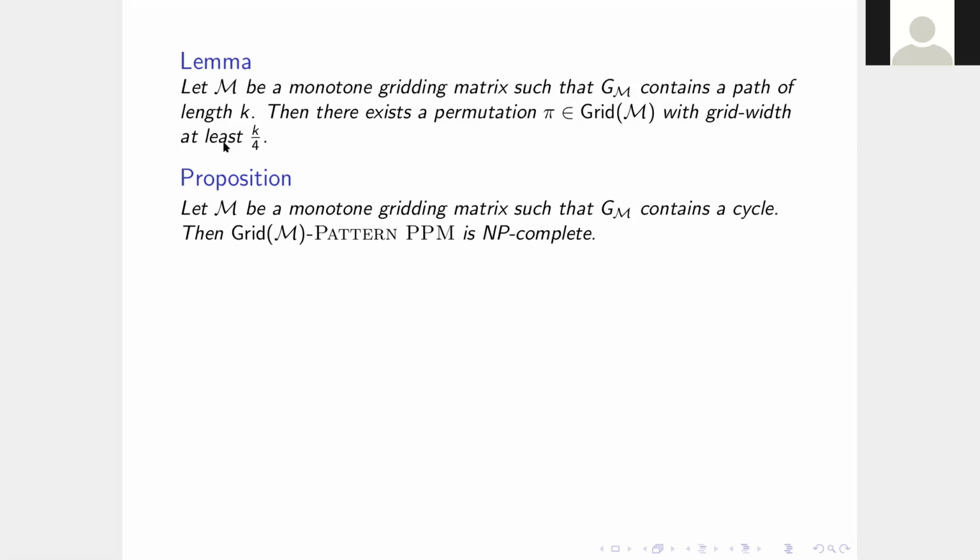And so in particular, if the grid class has a cycle in its cell graph, then we can generate subclasses with arbitrarily long paths, and therefore the class itself must have unbounded grid width. And so, for the second part, if the cell graph contains a cycle, then the Grid(M) pattern PPM is NP-complete.